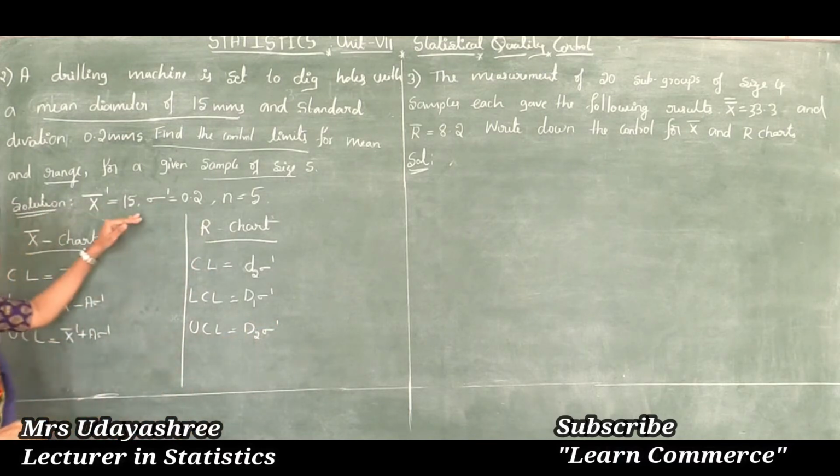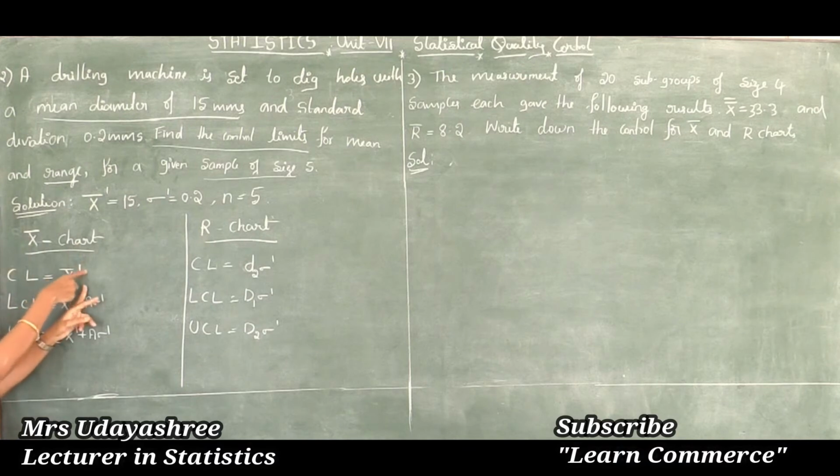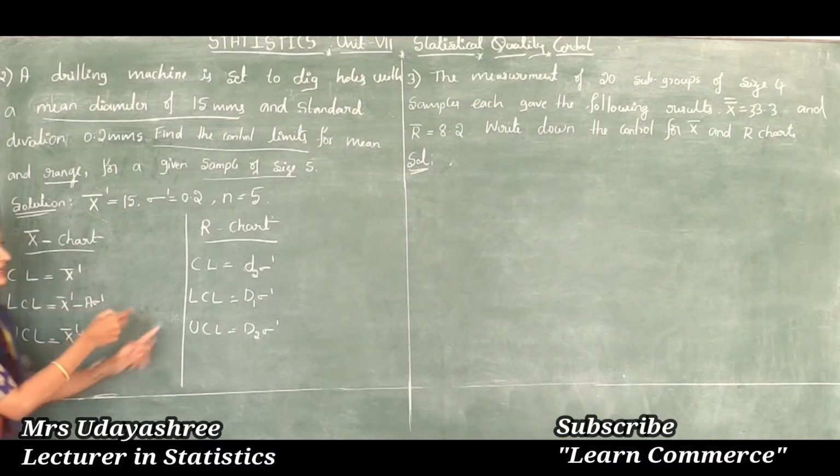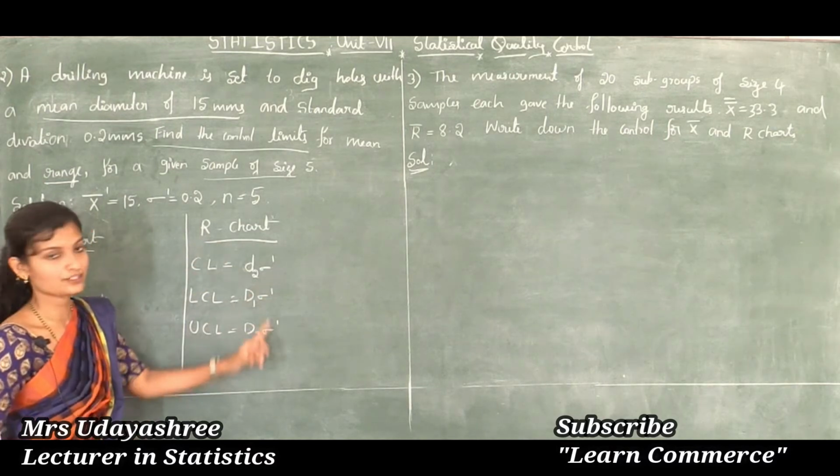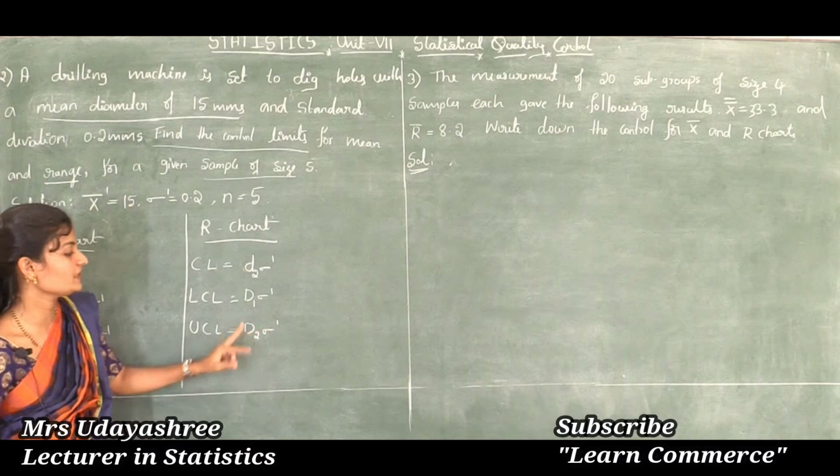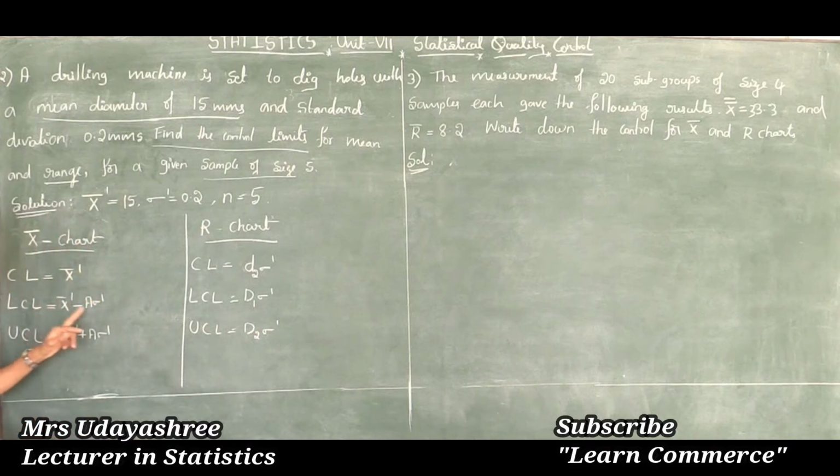See, in our problem x bar dash and sigma dash are given, correct? Here we need x bar dash, sigma dash, and here also we need sigma dash values, and the d2, D1, D2 and A values are not there in the question.